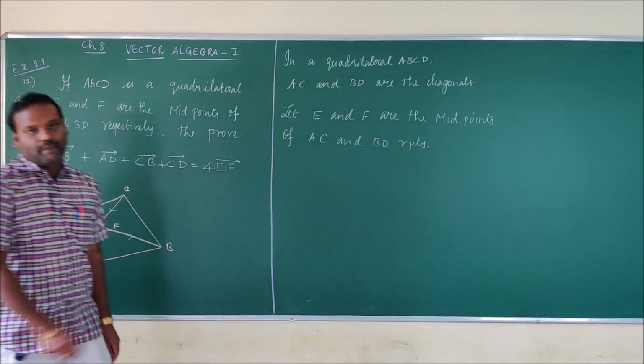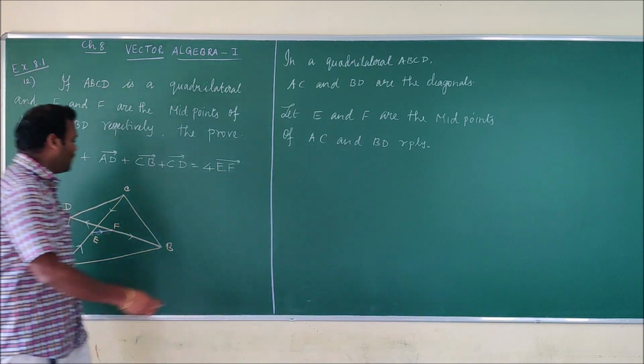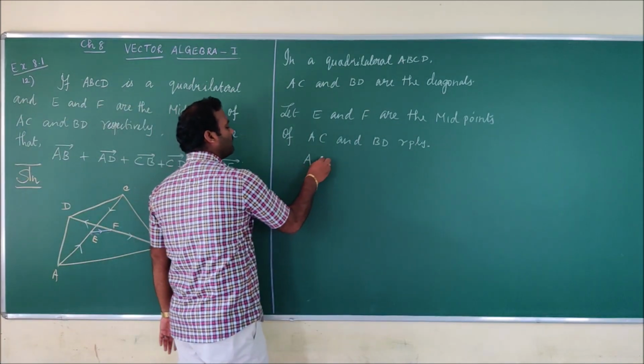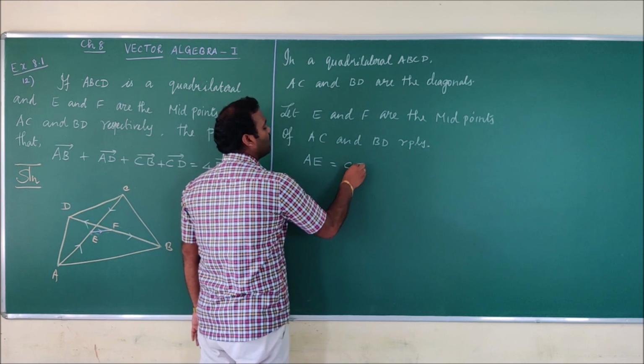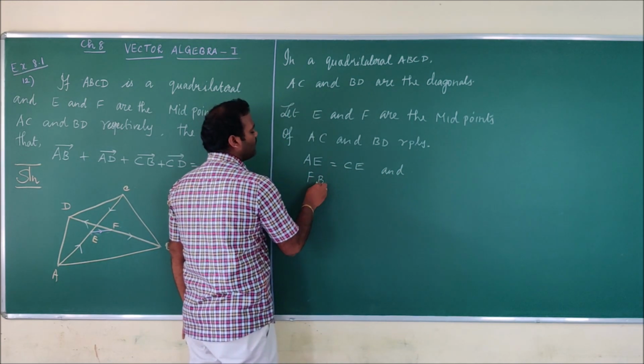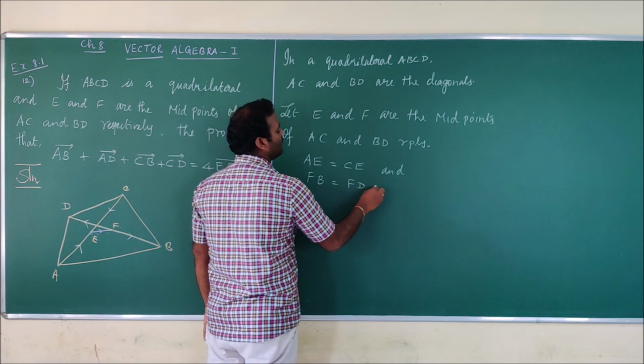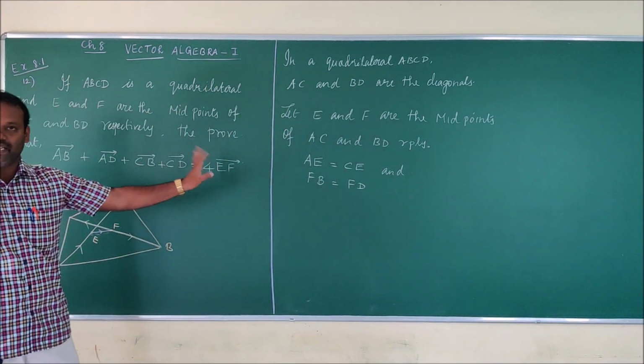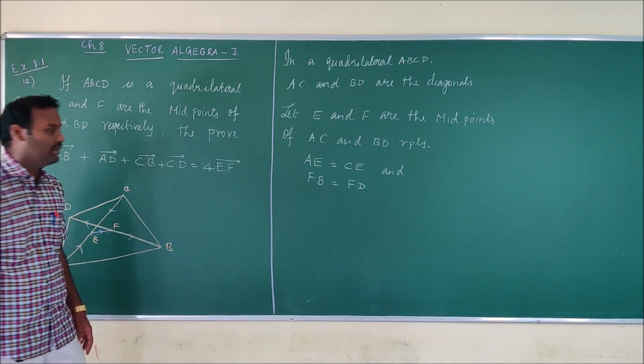From this you get the information that the distance AE is equal to the distance CE, and also the distance FB is equal to the distance FD. These are the pieces of information I have.